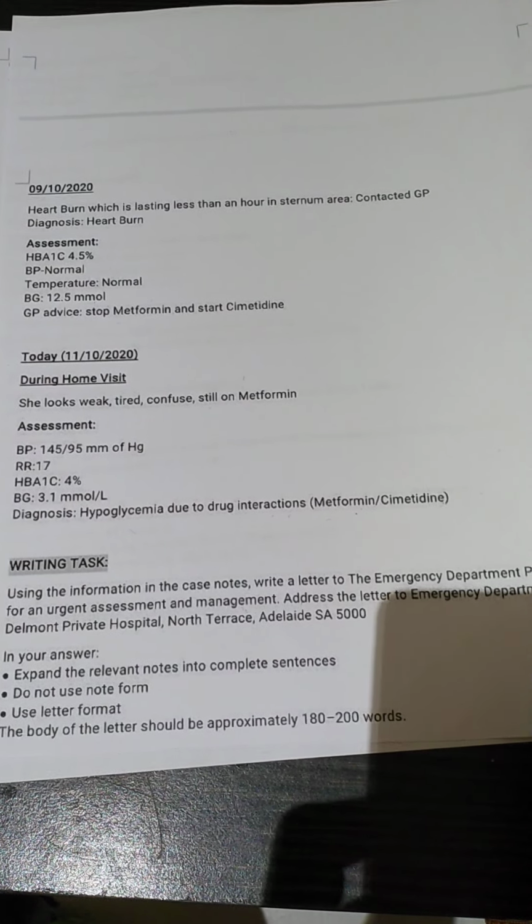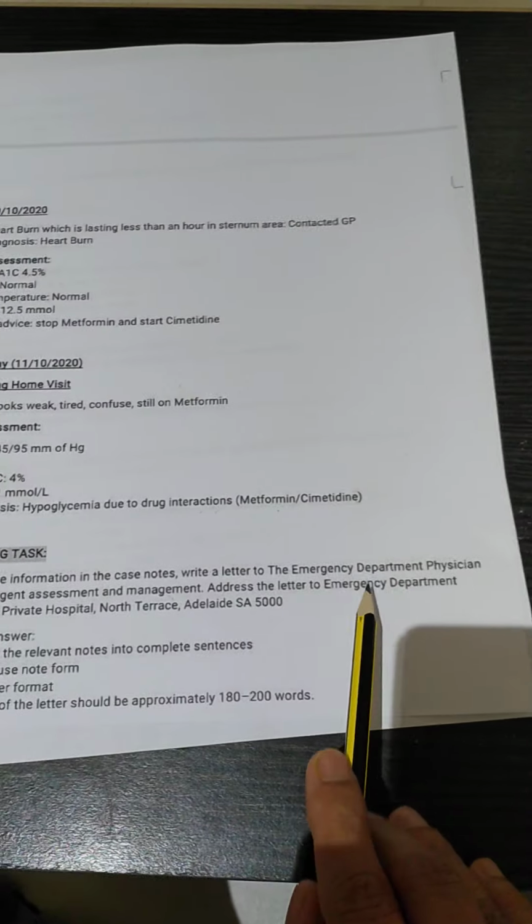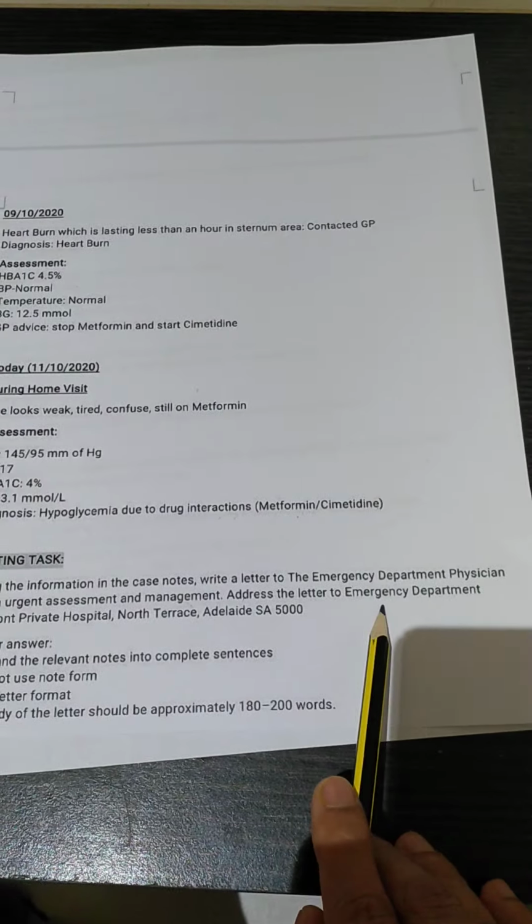Let's see one example of how we can write it. First, as usual, we have to write the address. What do we have to write? The name is not given, so we write the physician. Don't forget to write "the" before this physician. If there is a name, no need. Otherwise we have to write "the" before the position, like if it's a community health nurse, then the community health nurse.